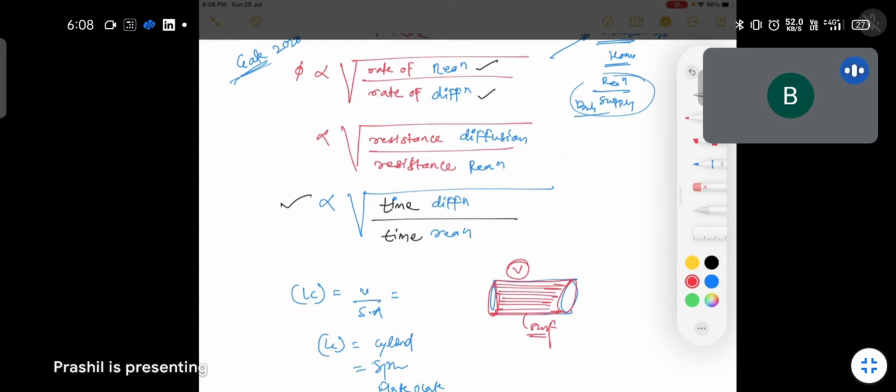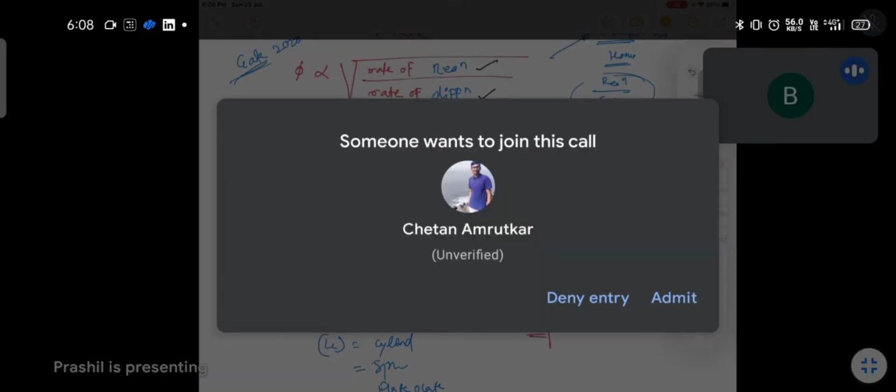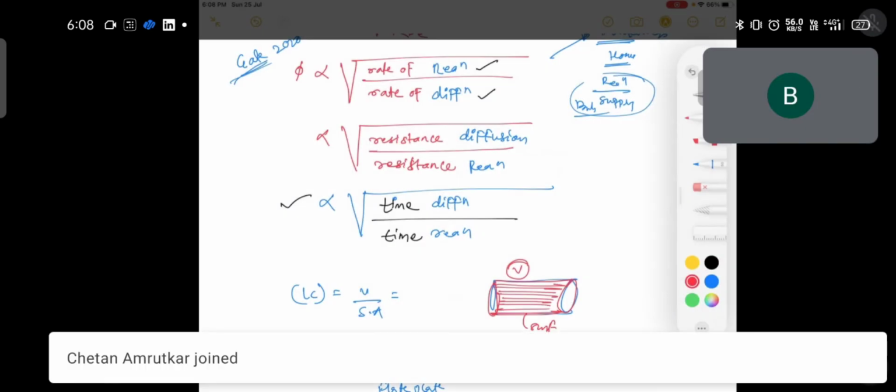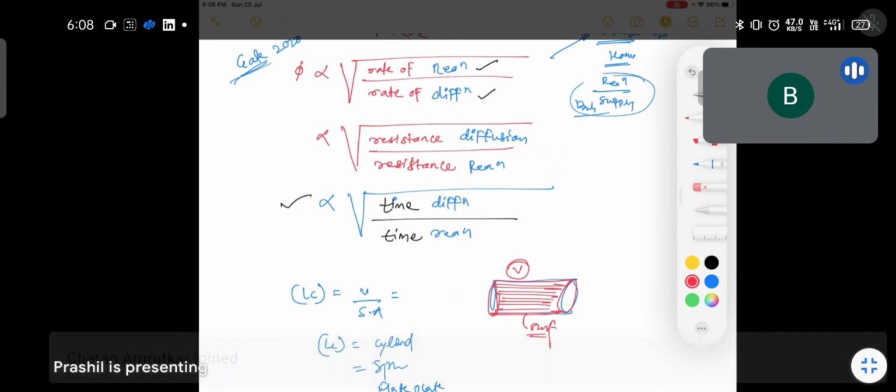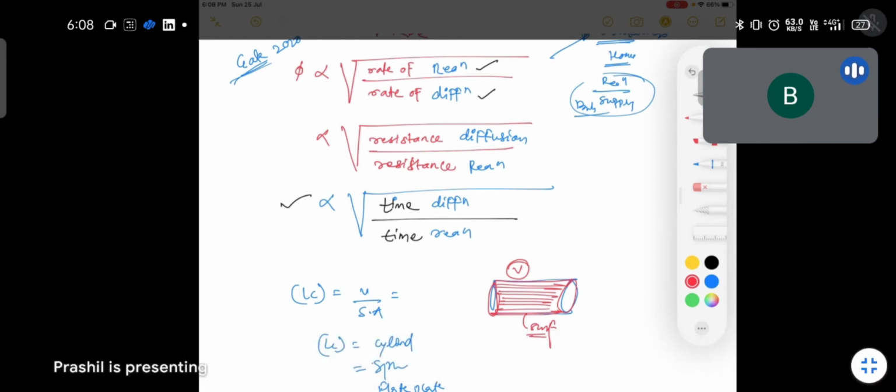Second is resistance. The Thiele modulus is directly proportional to resistance to diffusion divided by resistance to reaction. If I convert that into time, it will be time for diffusion to time for reaction, because if there is high resistance, then time will also be high.